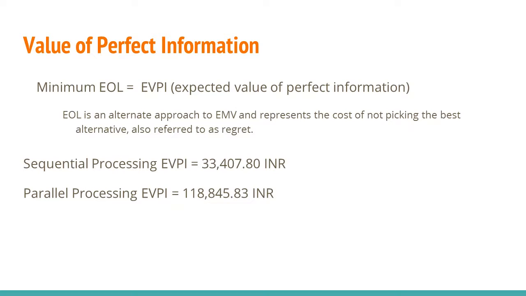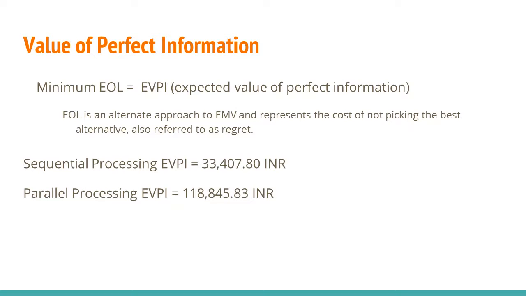The EVPI is a decision analytical approach that allows us to estimate the cost of existing uncertainty and to prioritize future research by identifying areas where collection of additional data will lead to reduction in the current level of uncertainty.